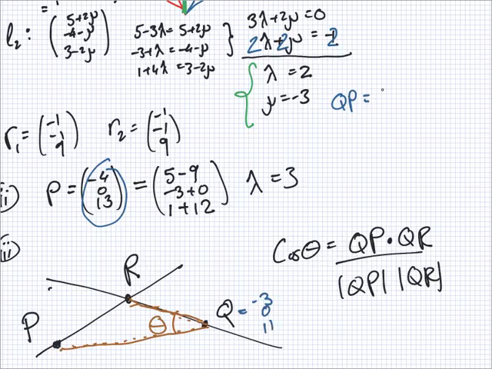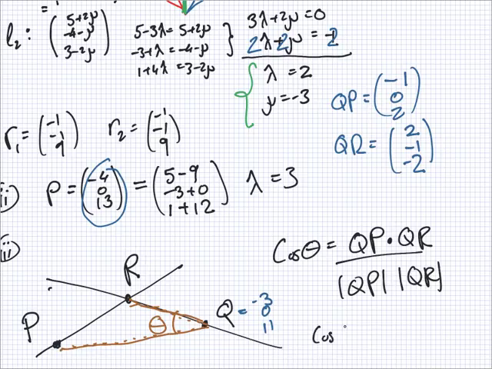So minus 4 minus minus 3 is minus 1, 0, and 13 minus 11 is 2. The other one, QR, is R minus Q, which is 2, minus 1, and 9 minus 11 is minus 2.